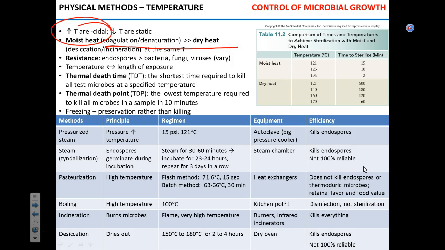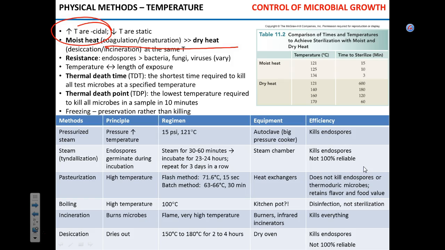What does that mean, more effective? I'm going to give you a hint. Go back. I'm not going to go back. You go back one slide and tell me which parameter for the moist heat at the same temperature for the same microbe will be smaller than for the dry heat. Which parameter it is? Sorry, two slides back.